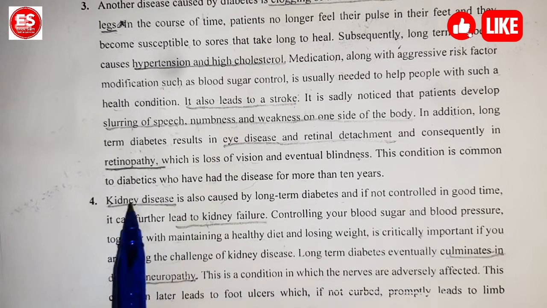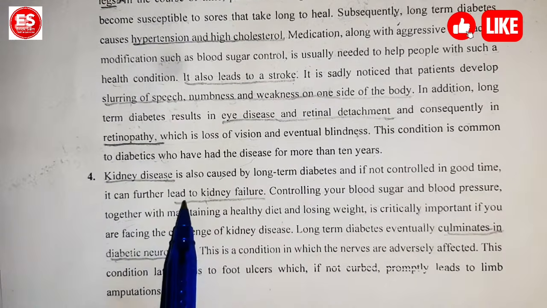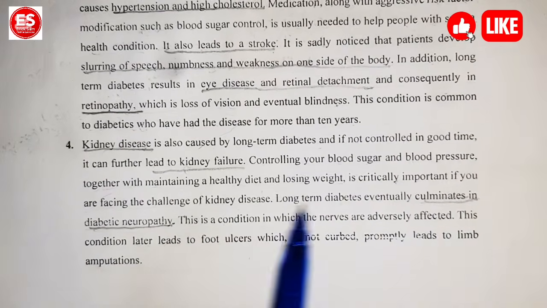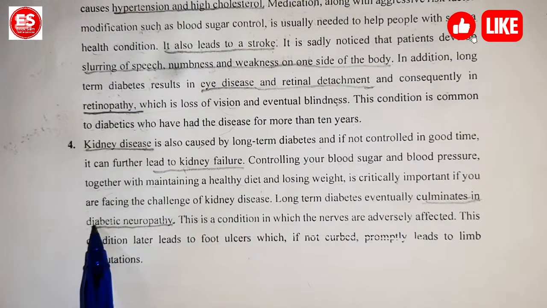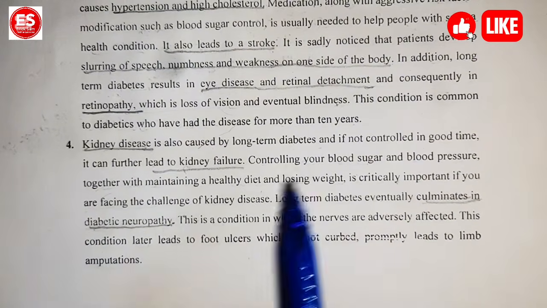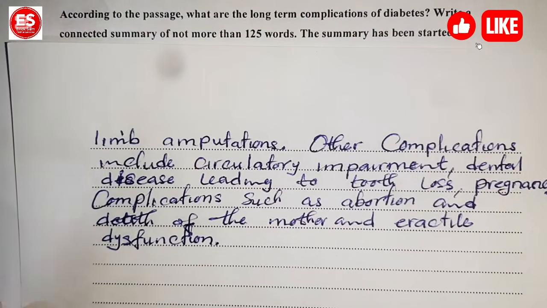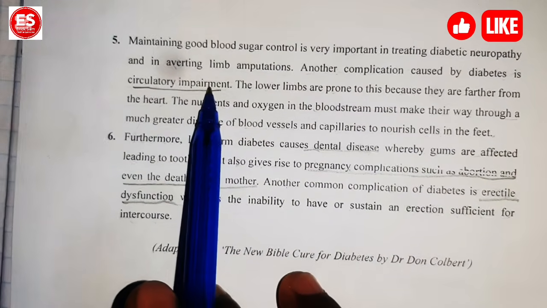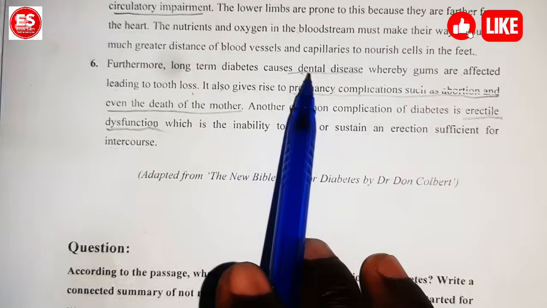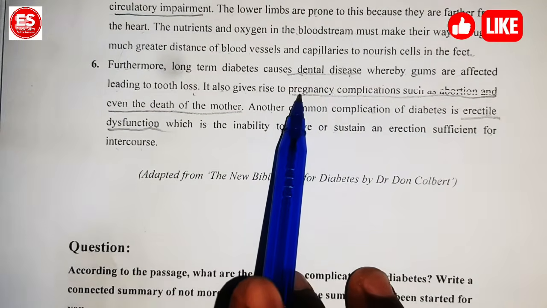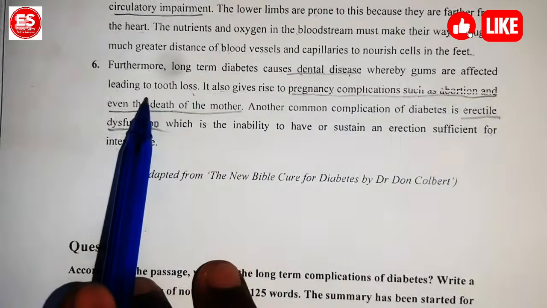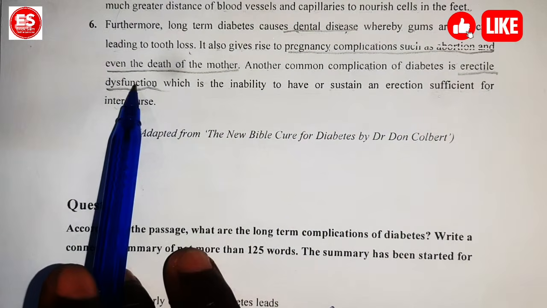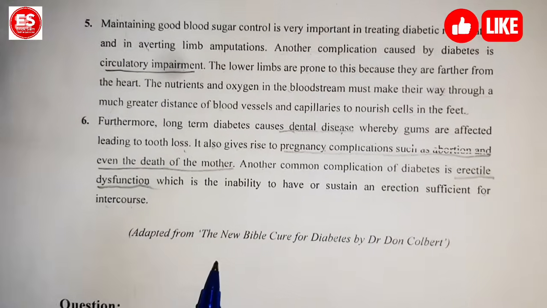And also the kidney disease, also kidney failure. Then diabetic neuropathy. Circulatory impairment. We've also talked about dental disease, pregnancy complications such as abortion and the death of the mother, and erectile dysfunction. So you can see that all the points have been included.